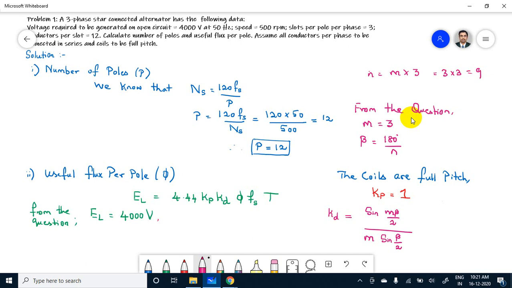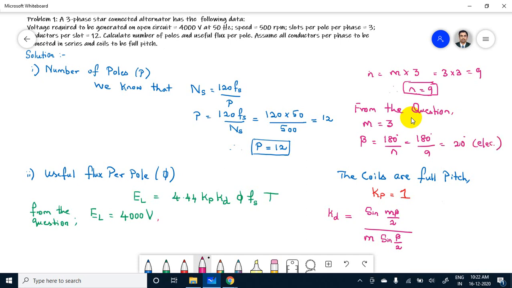Okay, n equal to 9. This value substitute. 180 degree divided by 9, you will get 20 degree electrical.